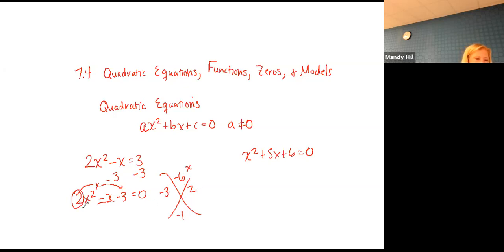Since there was a number in front of the x squared, we would divide both sides by 2, and we would reduce that fraction. This won't reduce any more than it already is. So we would use that to make the factoring. We would put the denominator in front with the x, and then the -3 would go on the top.